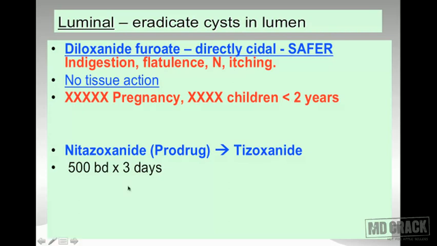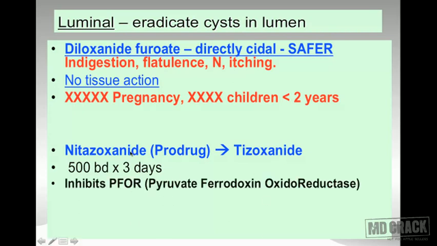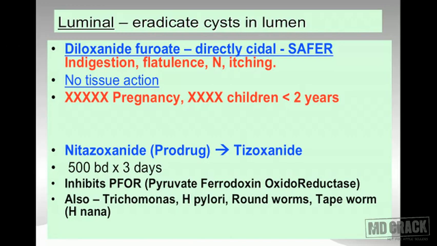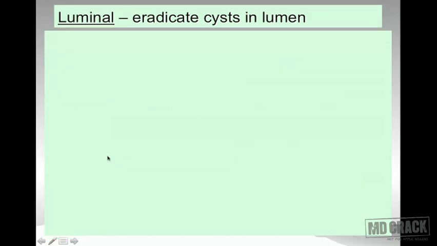This is used in the dose 500 milligrams 2 times a day for 3 days, and this drug is able to inhibit pyruvate ferredoxin oxidoreductase, that's PFOR, a similar kind of mechanism of action as that of metronidazole. This drug also inhibits trichomonas, H. pylori, roundworms, and tapeworms, especially Hymenolepis nana. So that's about diloxanide and nitazoxanide.